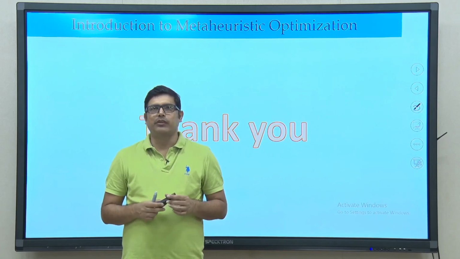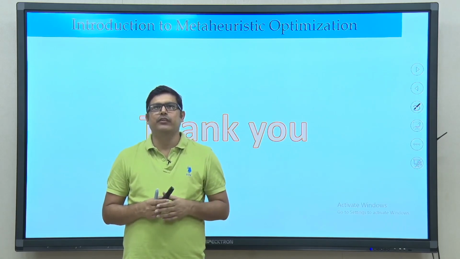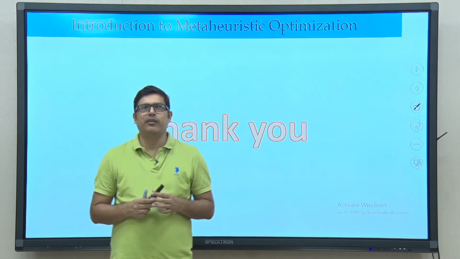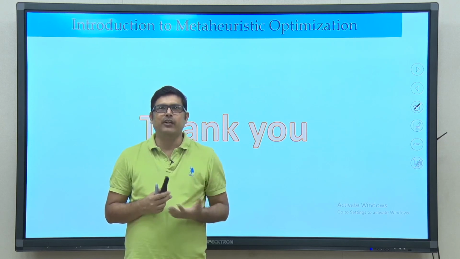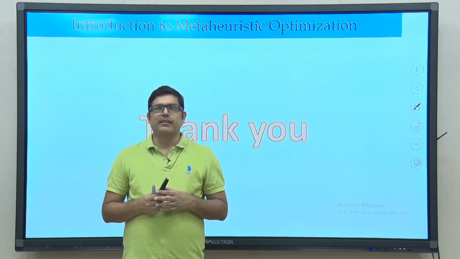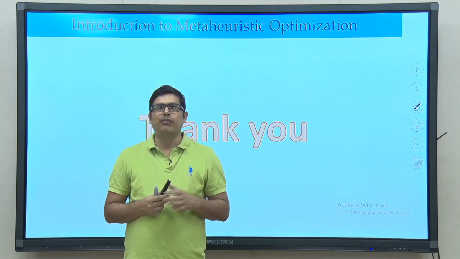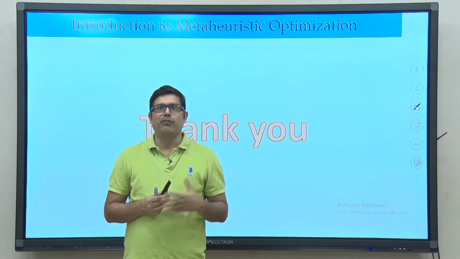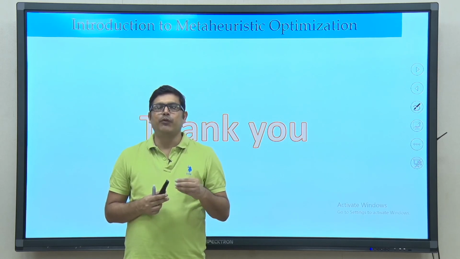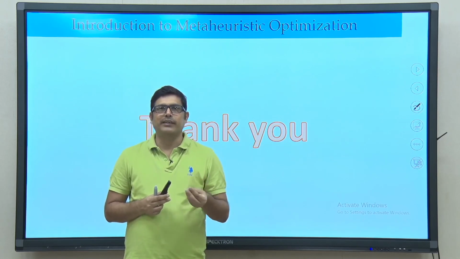So, this is all about the introduction to metaheuristic optimization methods. Today I have introduced what metaheuristic optimization methods are. I also discussed the disadvantages of classical optimization methods. In many problems, if your problem is not continuous or is non-differentiable, you will not be able to apply classical methods.